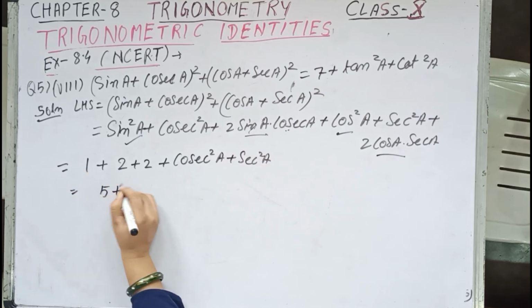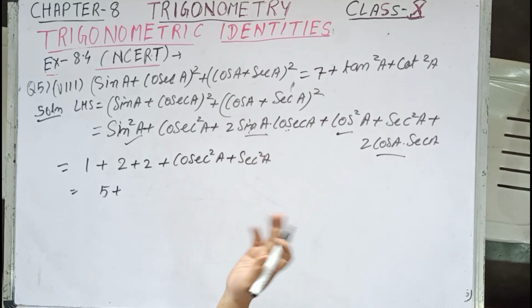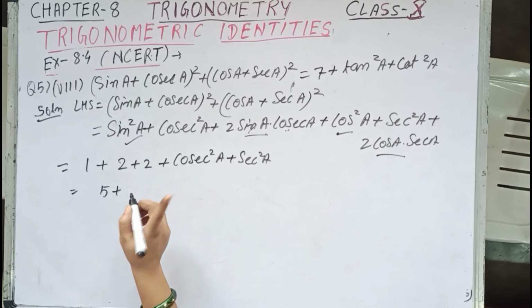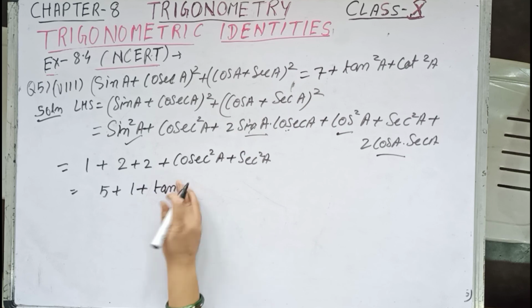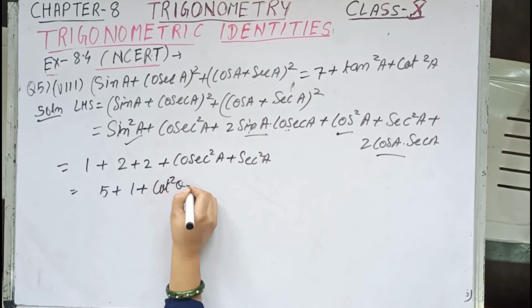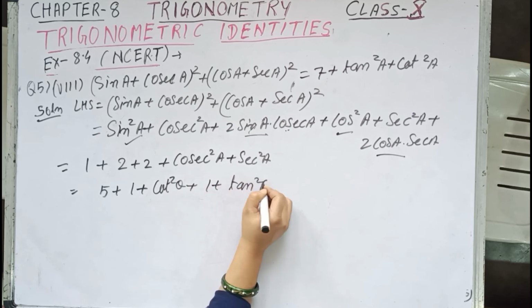So 5 plus. Now I don't need cosec and sec, I need tan and cot. So I'll have to change in terms of that. Now cosec square theta is equals to 1 plus cot square theta. So I'll be writing over here 1 plus cot square theta, and sec square theta I'll be writing as 1 plus tan square theta.